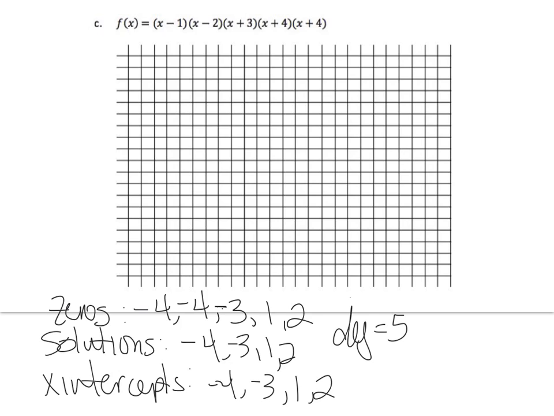Okay, let's see if we can graph it. I'm going to push pause. I have x-intercepts at -4, -3, 1, and 2. If I look at the graph that I did, it looks like we come up, touch here, down, all the way up.